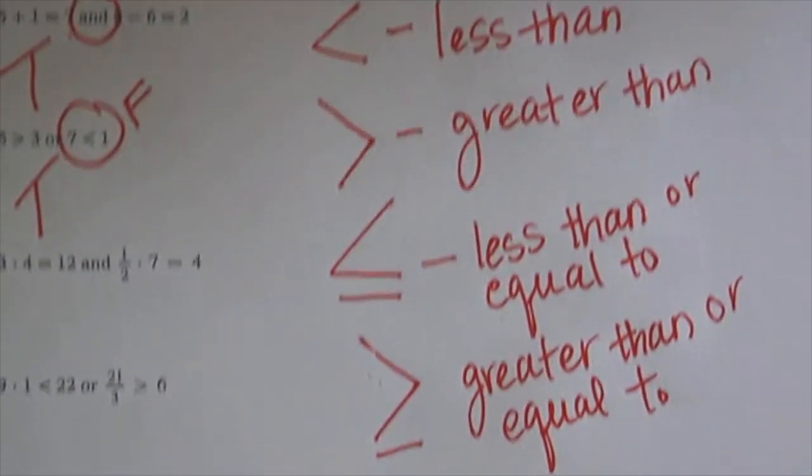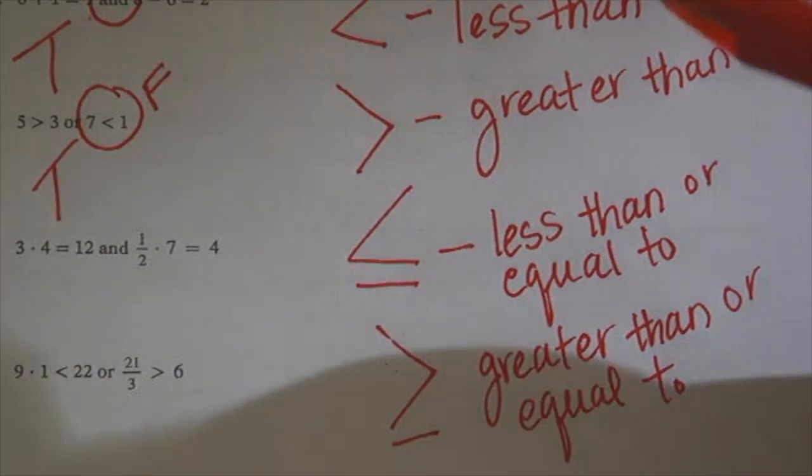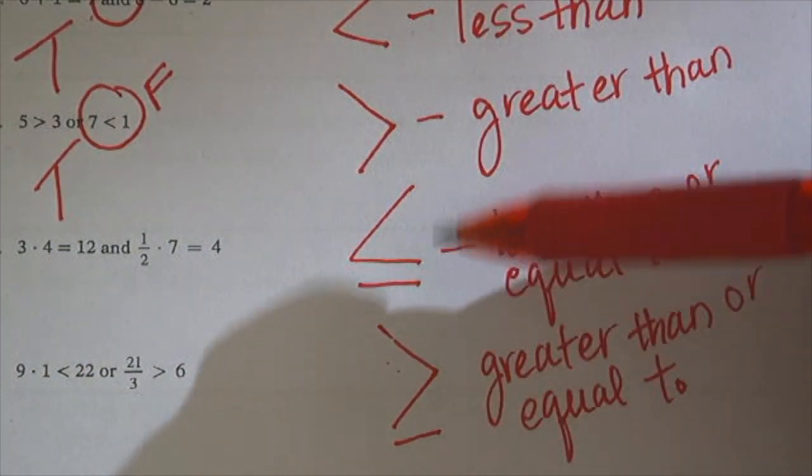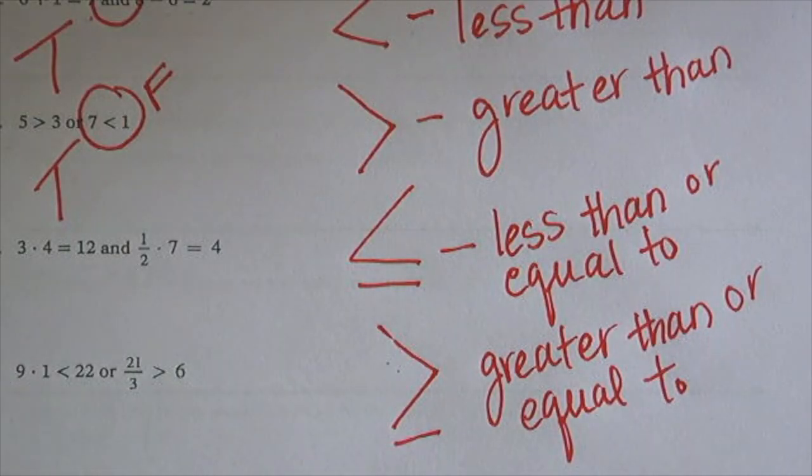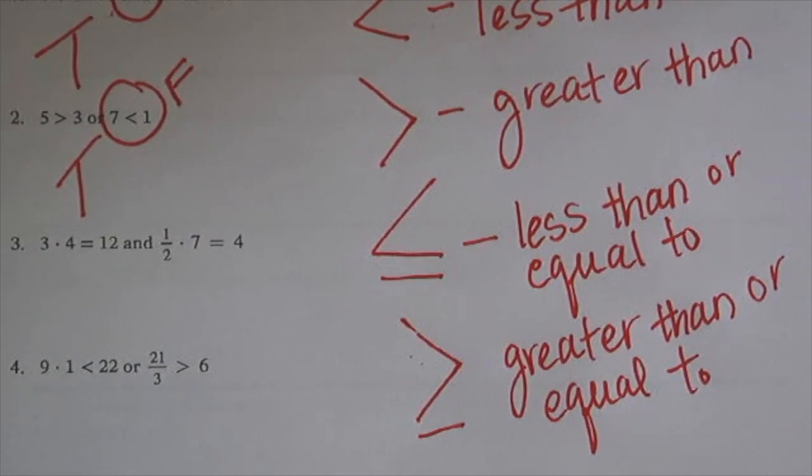All right, boom. Those are inequality symbols. It's best to just go ahead and memorize these symbols because we will be using them all of high school, not just ninth grade, not just algebra.